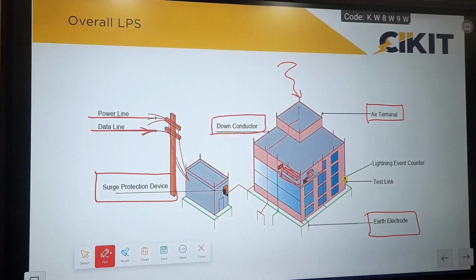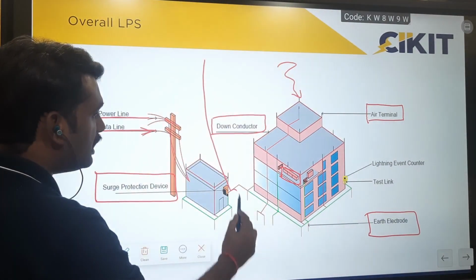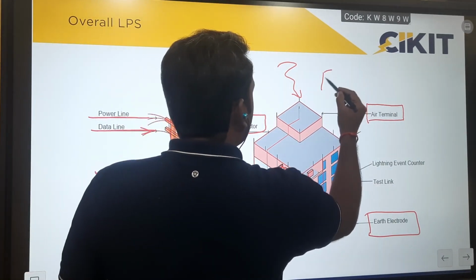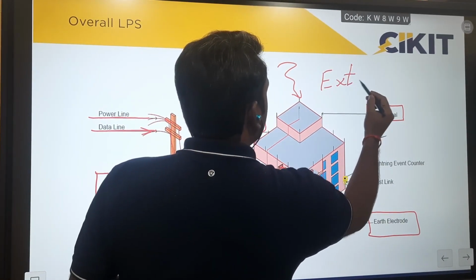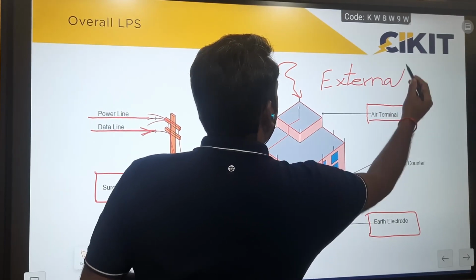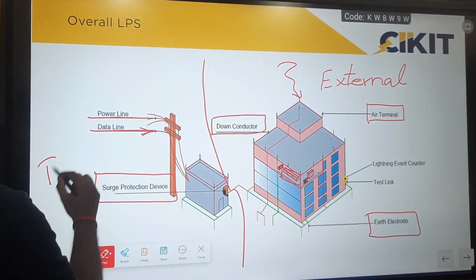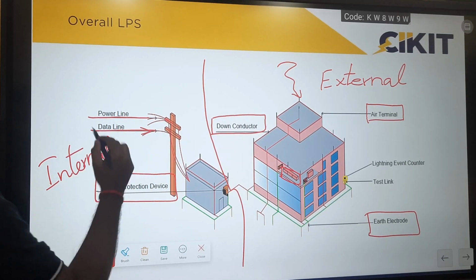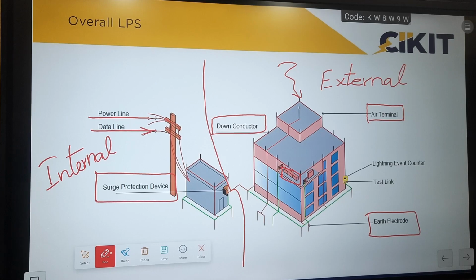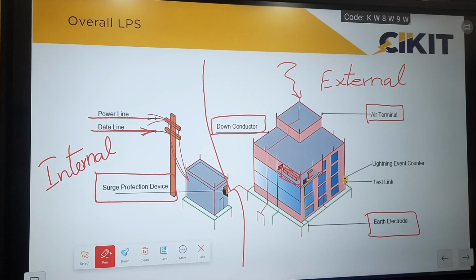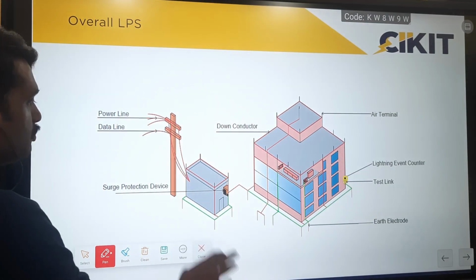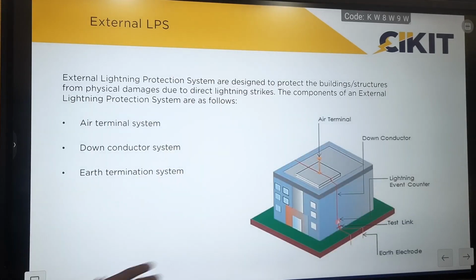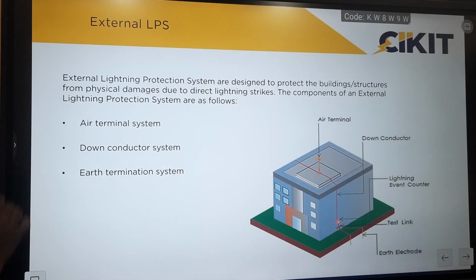So the complete protection is the combination of external lightning protection system and internal lightning protection system. The external system provides protection to the buildings, and the internal system provides protection to the electrical and electronic equipments inside the building. Together they provide the complete lightning protection system for buildings and structures. In this webinar, we will be concentrating only on the external lightning protection system.